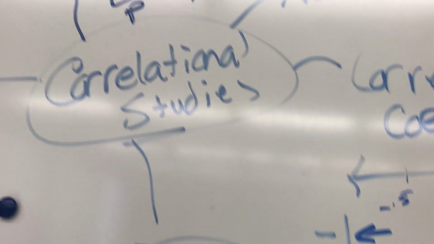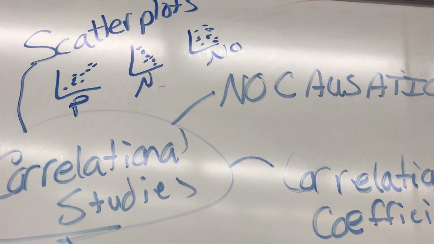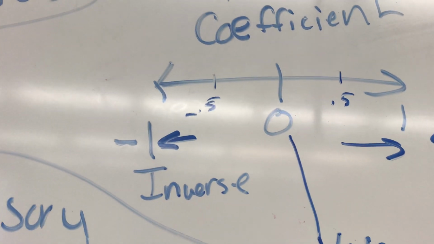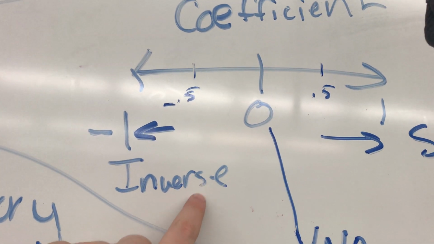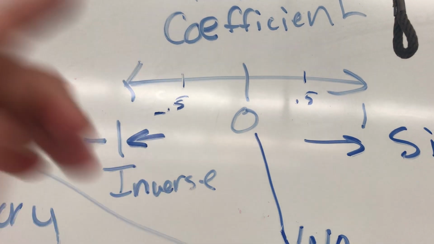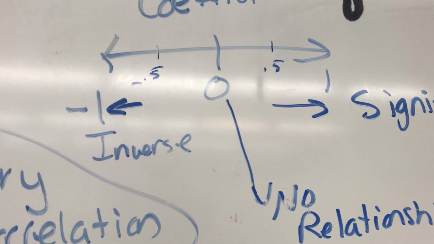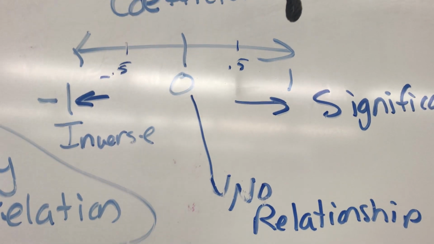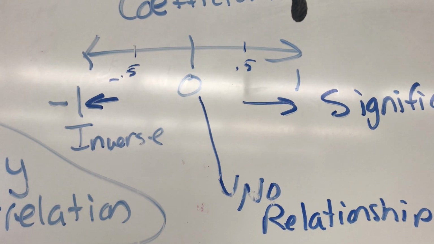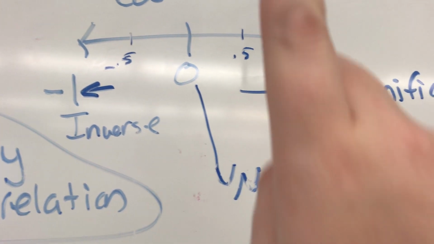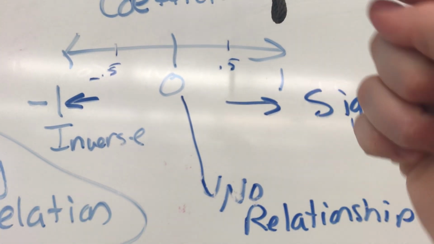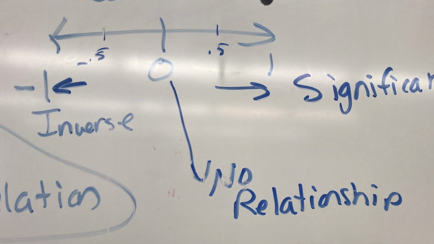Bringing it back to positive versus negative correlations. A negative correlation is an inverse relationship producing a negative number. It is not negative because the relationship is bad. It is negative because the two factors go in opposite directions. For example, the hotter it is outside, the less clothing people wear.